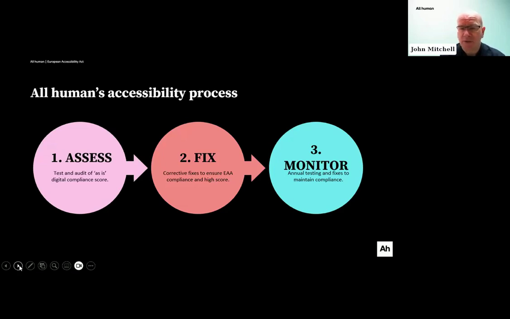That remediation is really the checklist of fixes that need to be resolved to reach a compliant level. And then the third part of the process is ongoing maintenance and monitoring. So this is not a one-off fix. It is an ongoing adherence to compliance.